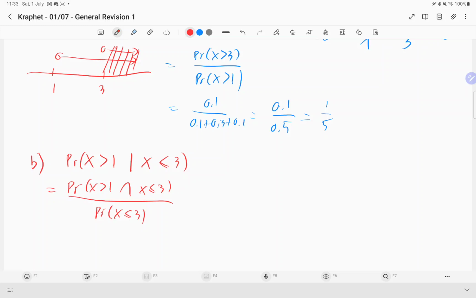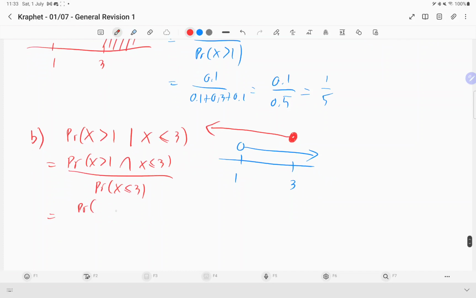Then on a number line, mark 1 and 3: more than 1, and less than or equal to 3. What's the resolved condition? More than 1.